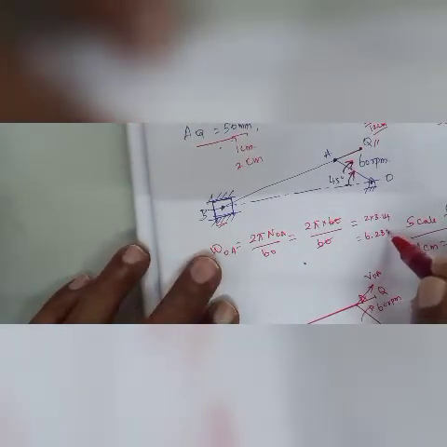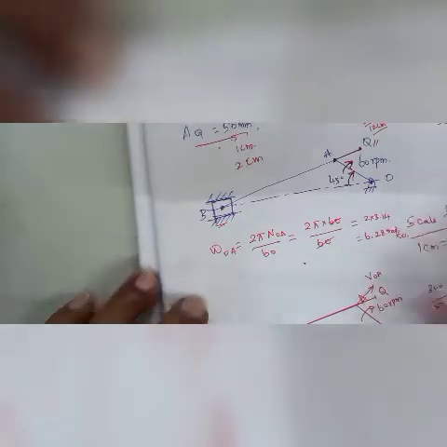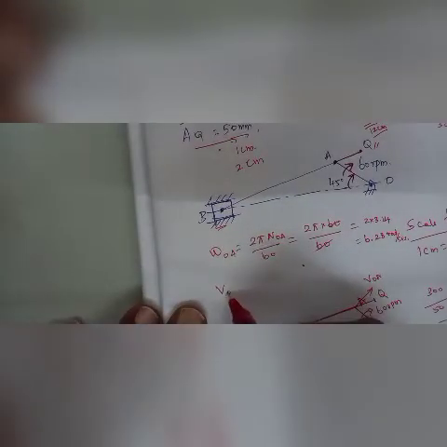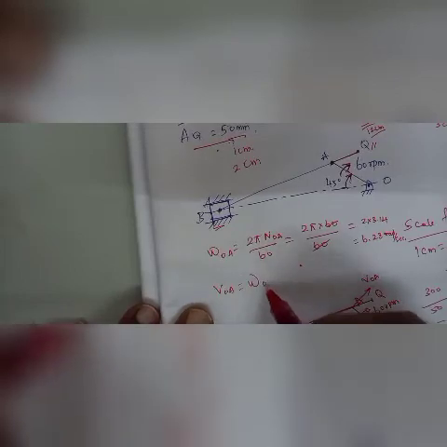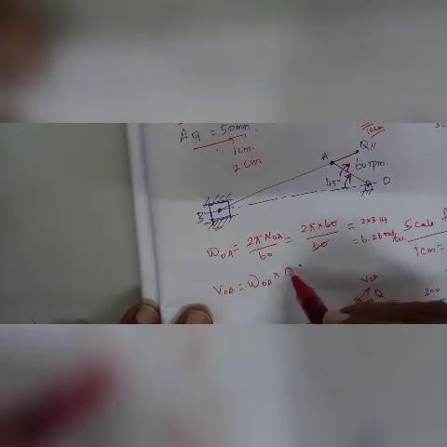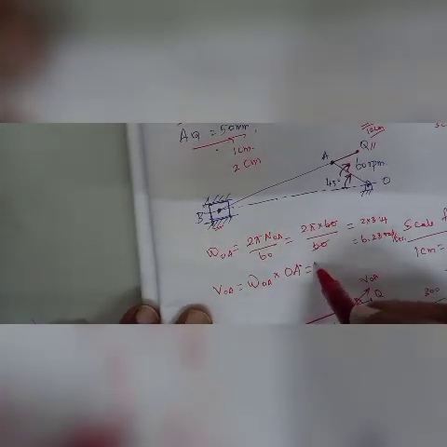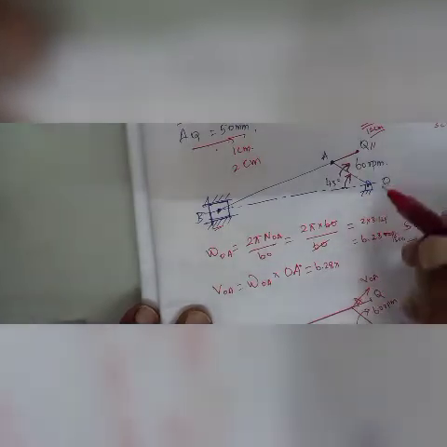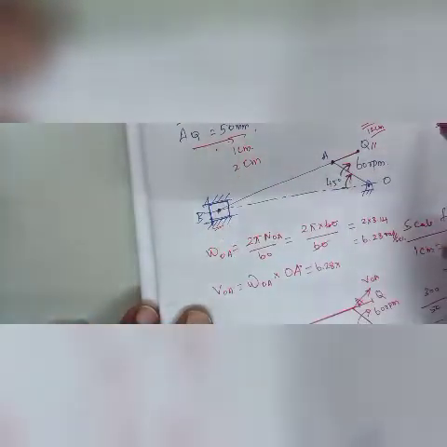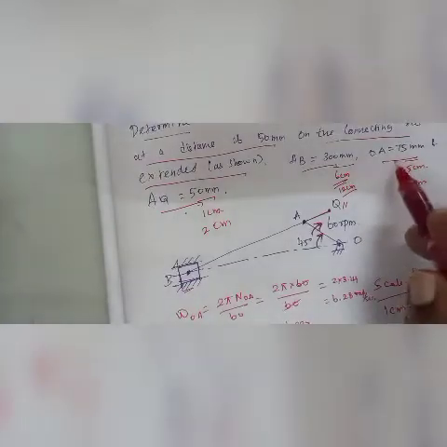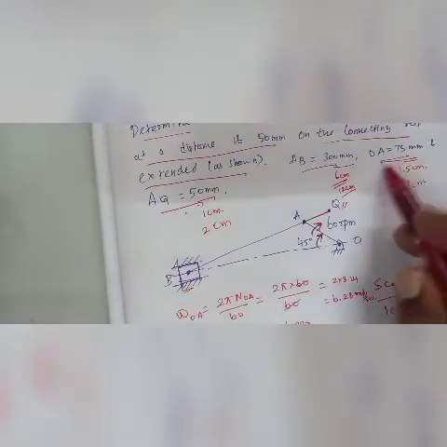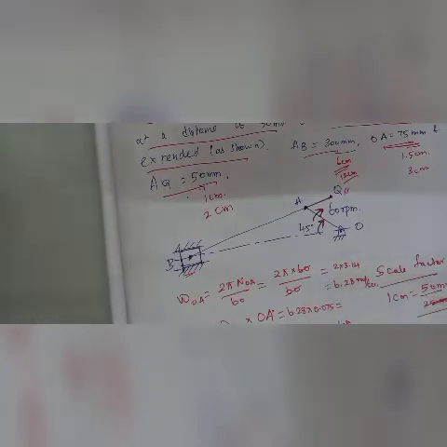Which is 6.28 radian per second, and velocity of OA equal to omega OA into length of OA, that is equal to 6.28 into OA distance is 75 mm. We have to convert this mm into meter, so 0.075.